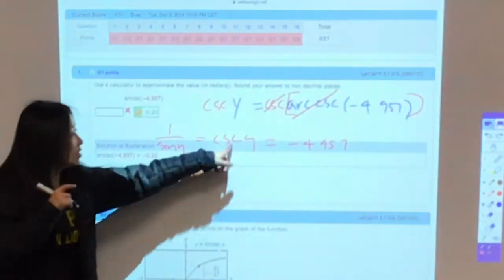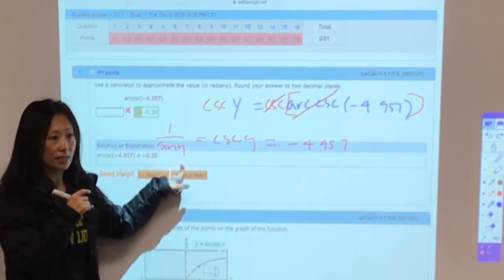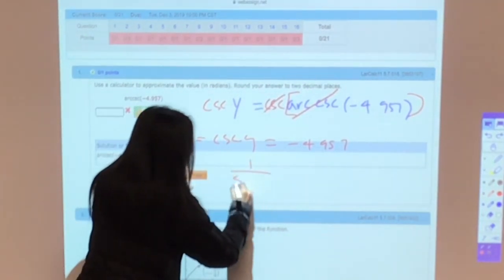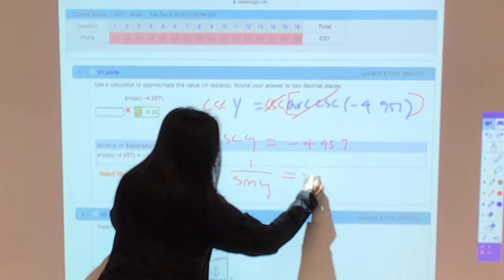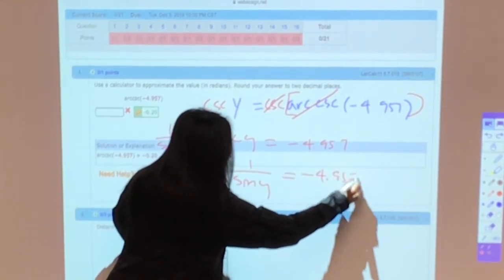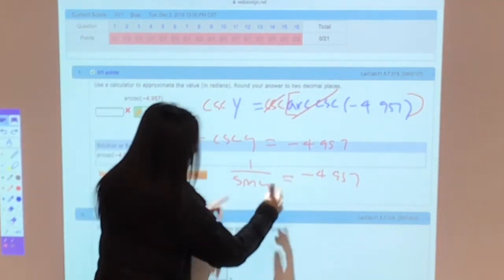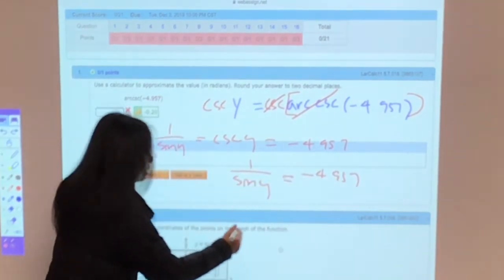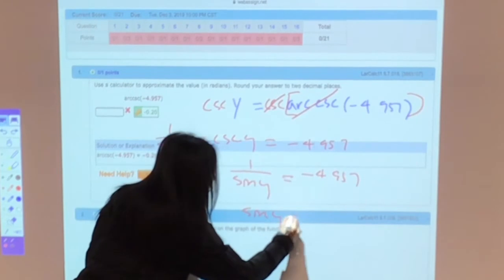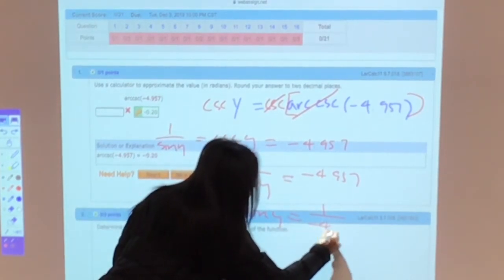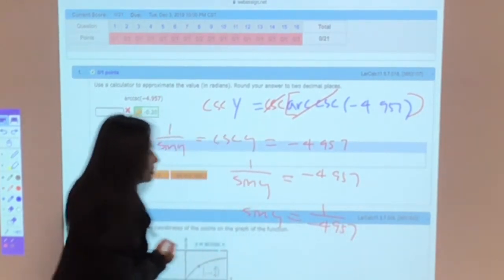So change that into 1 over sine y. Are you with me, class? I have 1 over sine y equal to negative 4.957. I'm looking for sine y, so you can swap this. Sine y is equal to 1 over negative 4.957.